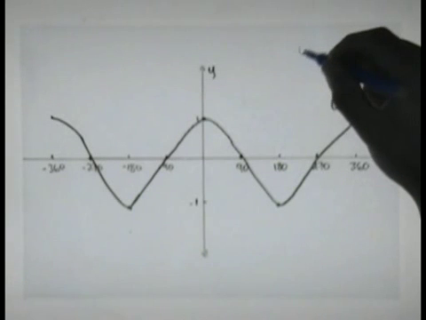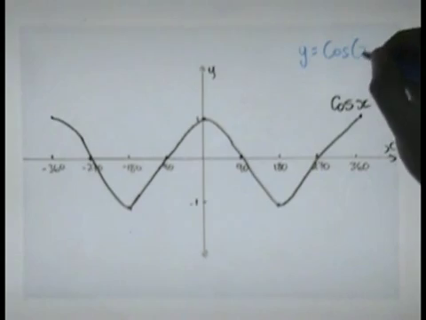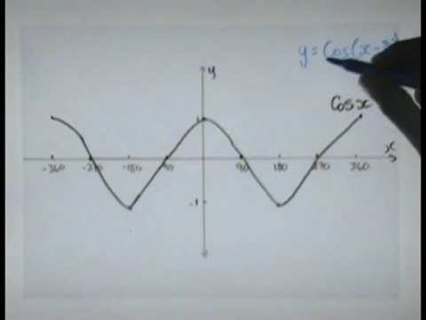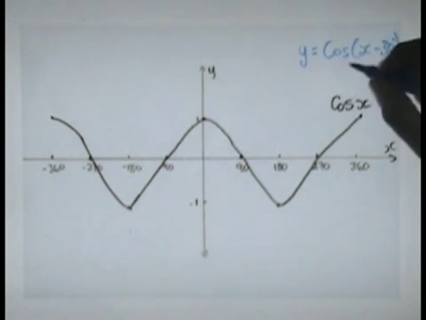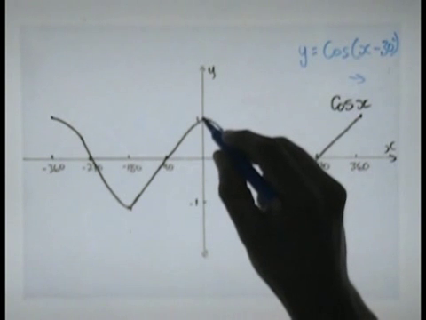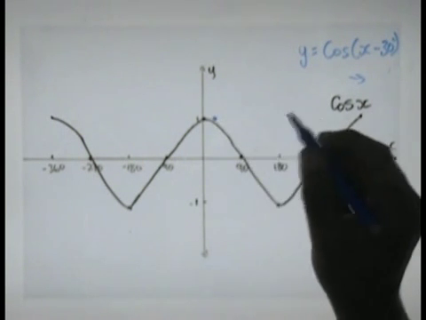The final graph we're looking at is the graph y is equal to cos of x minus 30 degrees. X minus 30 degrees means that we're taking our graph and shifting it to the right 30 degrees. So instead of the peak being at 0 degrees, it's now going to be at 30 degrees.